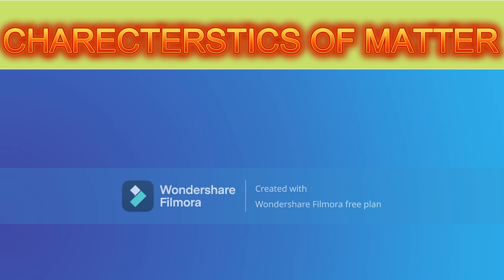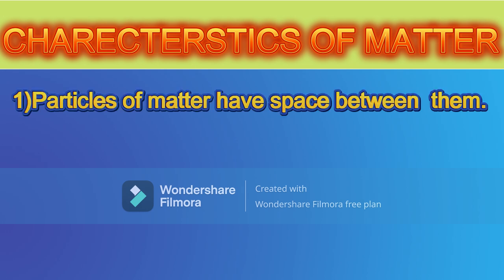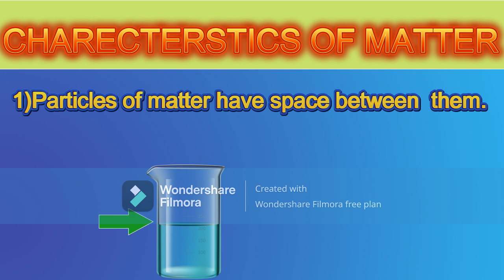The first one is that the particles of matter have space in between them. So now let's prove that with a simple example that you can do in your own home. First of all, take a small beaker and add water in it and mark the level of the water. Then dissolve a small amount of salt inside it.